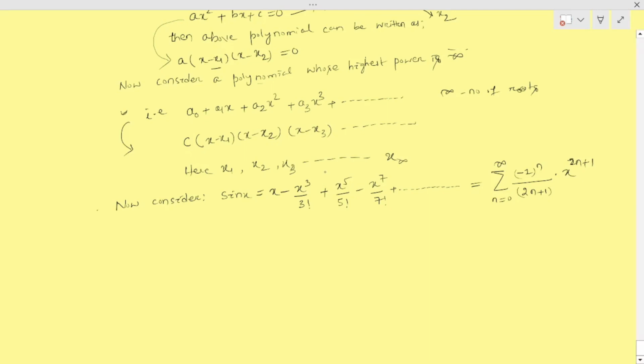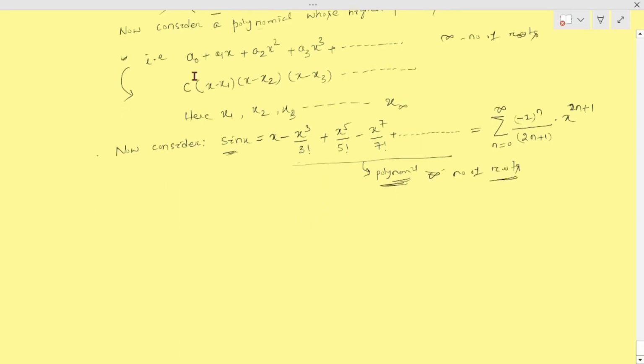So this sin x expansion is also a polynomial. This sin x series expansion is itself a polynomial, yes or no? It is itself a polynomial, and this polynomial has highest power infinite, or we can say this polynomial has infinite number of roots.